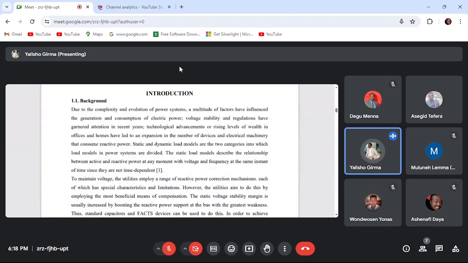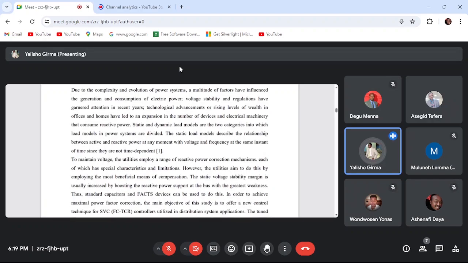How about the on-load tap changing mechanism? On-load tap changing mechanism of the distribution or the power transformer there. The purpose of using an on-load tap changing mechanism is to regulate the voltage during light loading and heavy loading times.